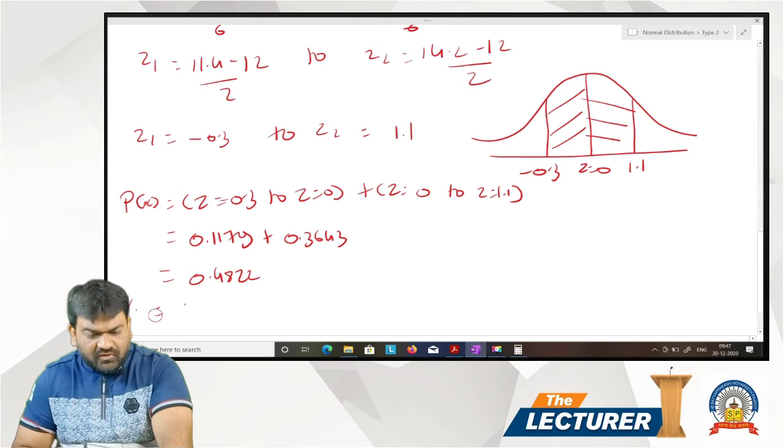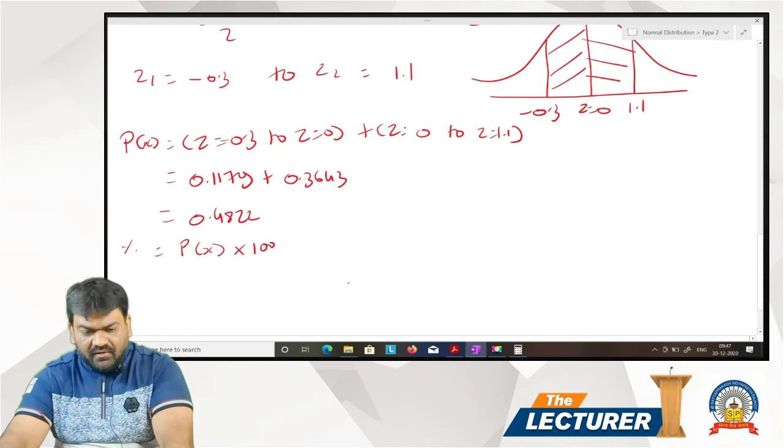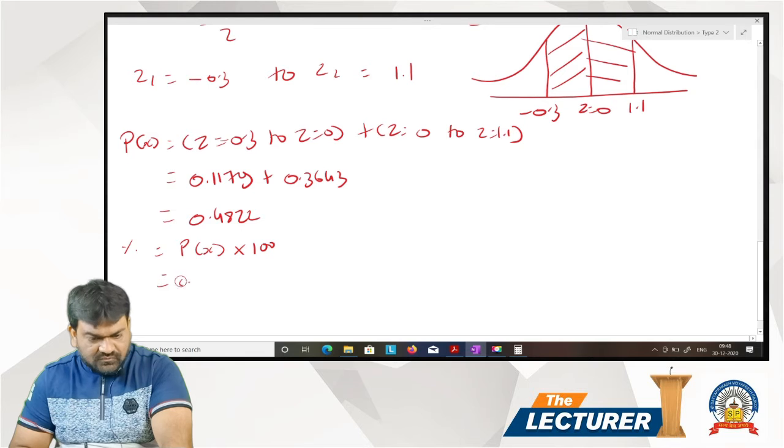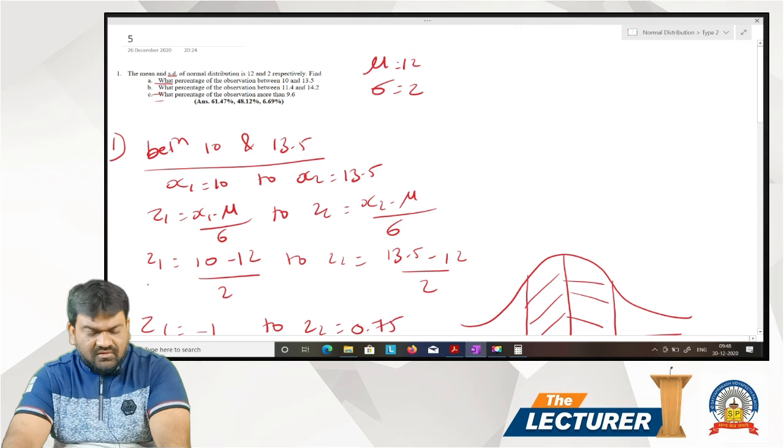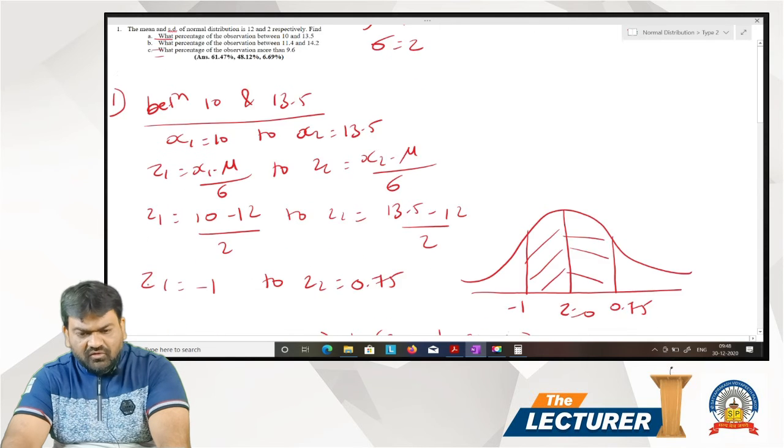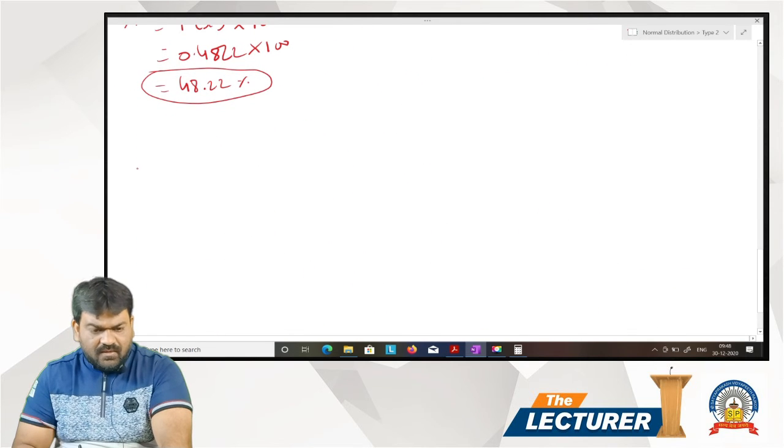We have to find out the percentage. So percentage is equal to probability multiplied by 100. 0.4822 multiplied by 100, 48.22%. Next, last, what percentage of observations are more than 9.6?